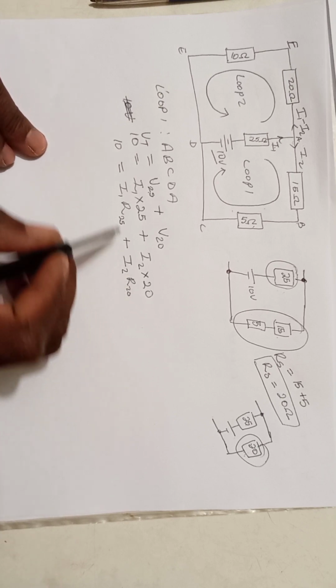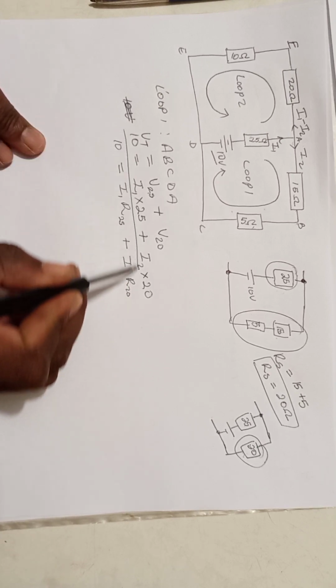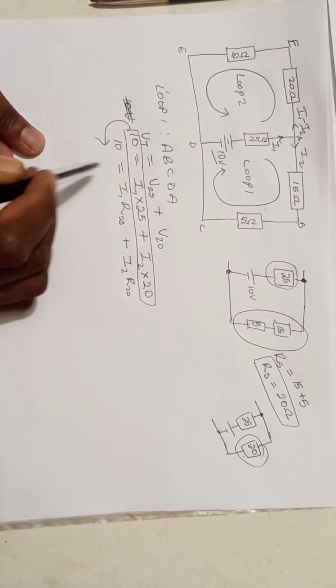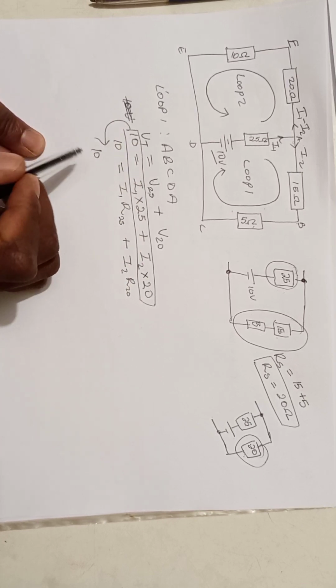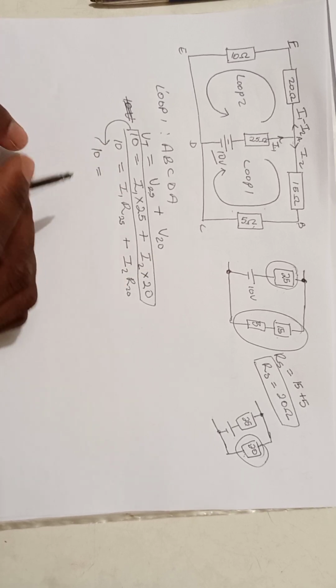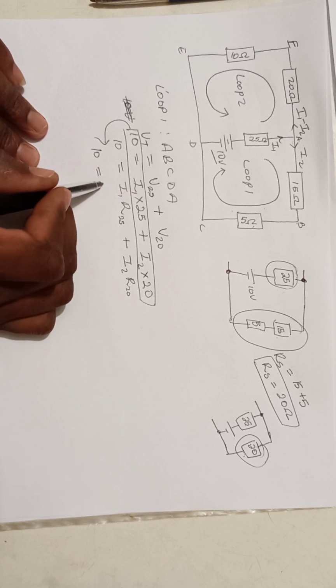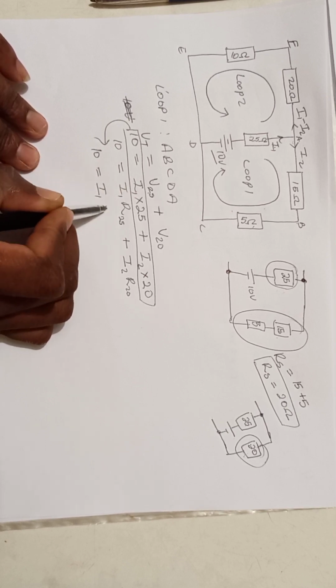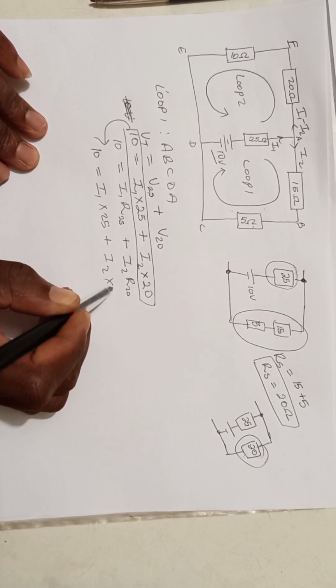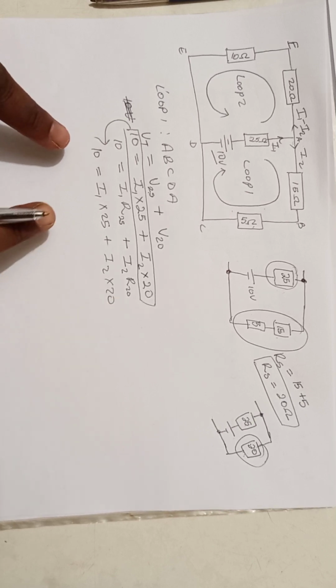I jumped this step, so let us write this as it is: 10 equals I1 times 25 plus I2 times 20.